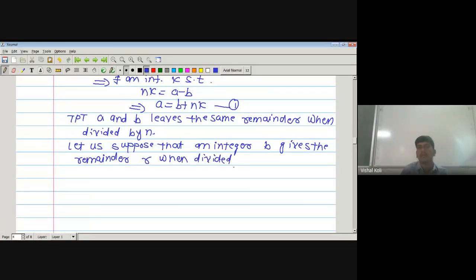If we divide an integer b by n, then it gives the remainder r. Then by division algorithm, b is nothing but n into some q plus r. This is our supposition, where 0 is less than or equal to r, which is less than n.